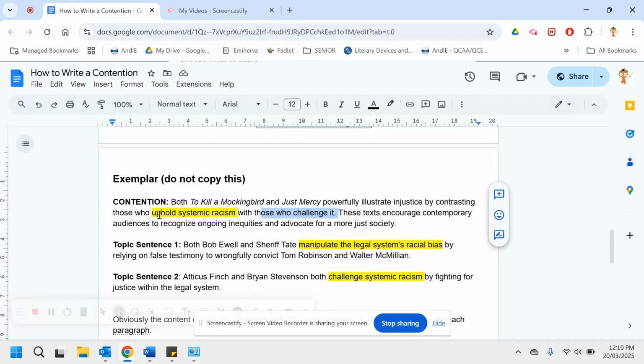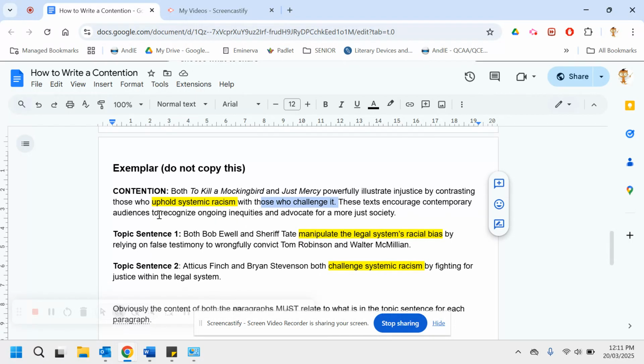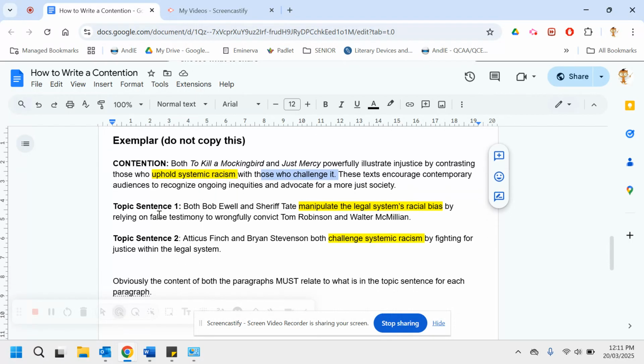So you can see that my essay is about contrasting characters relating to injustice and their role within injustice in both of the texts. So it's a pretty complex, meaty topic, I guess. So obviously, the content of both of my body paragraphs are going to relate to the topic sentences for each paragraph.